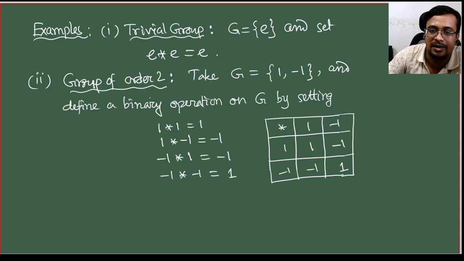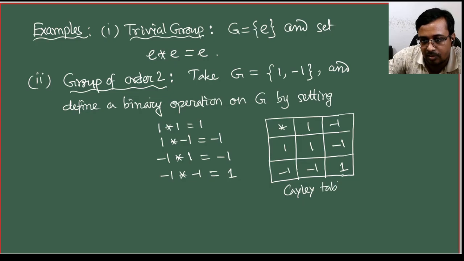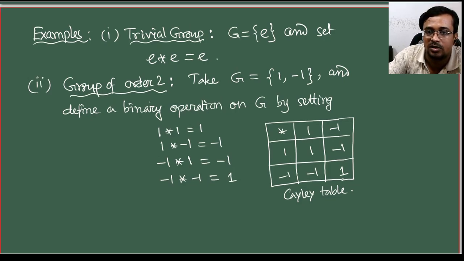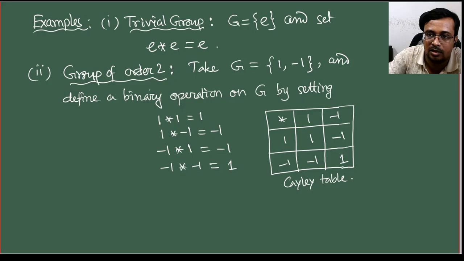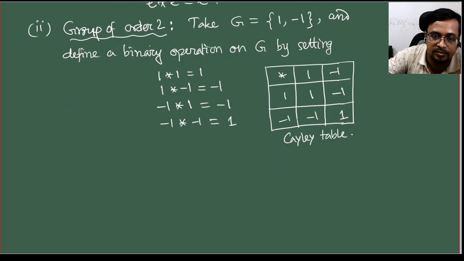Such a table is called a Cayley table. So you see that this set equipped with this obvious binary operation, multiplication of real numbers, forms a group. It's a group of order 2, because it has two elements.